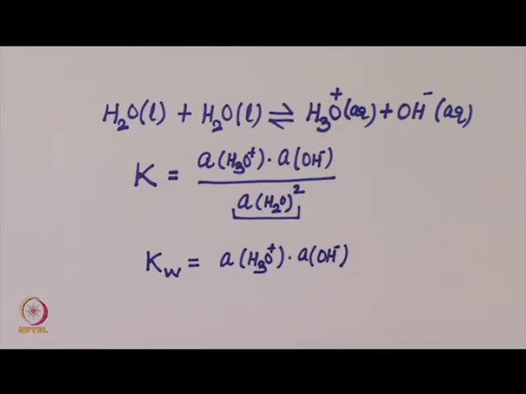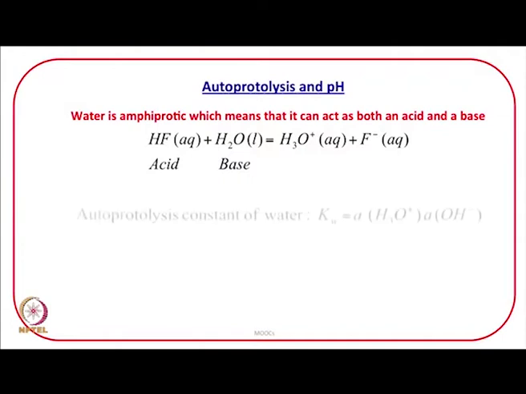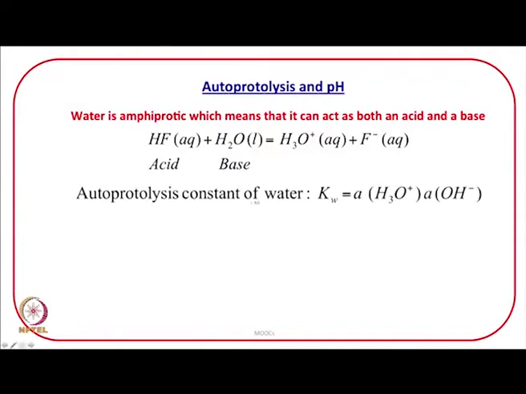Let me now go back to the slide, and this constant Kw is called the autoprotolysis constant of water, which is the activity of hydronium ion into the activity of hydroxide ion. And similarly, I can write pKw, which is minus logarithm of Kw.